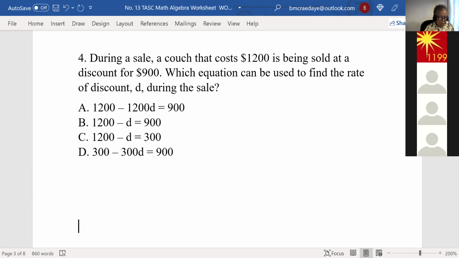Do you know, Maureen? What is your discount price equal to? It's $900, right? Discount price is $900. Now, if you had to put this in words, what would the discount price be equal to?